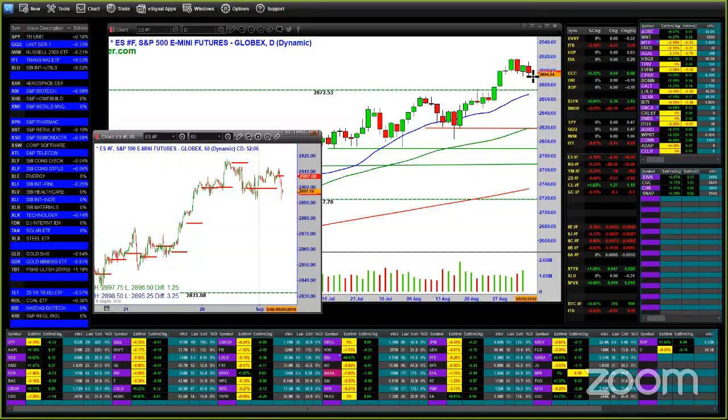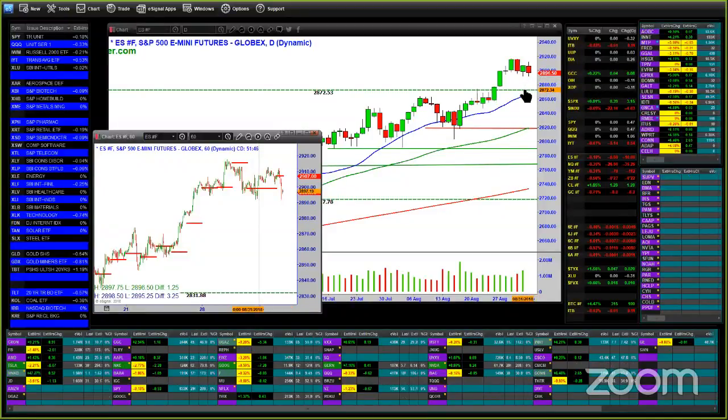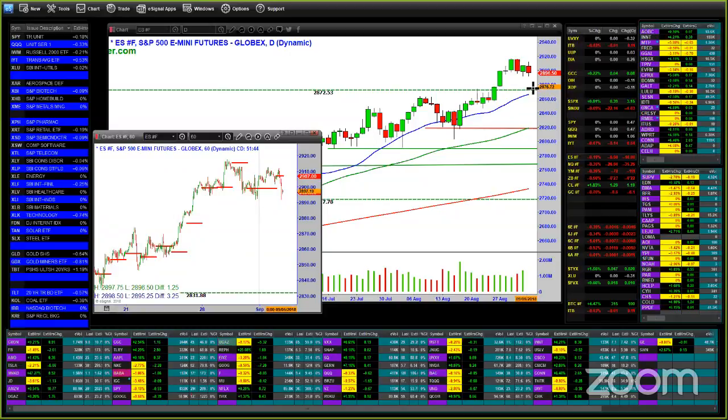The other side of it is, well, what if it turned into a situation like we've seen earlier in the year and it went all the way back down here? Well, then the whole bias or view that everything's okay, it's going to move higher, is over. Now it has to rebuild and repair the damage and start all over again.